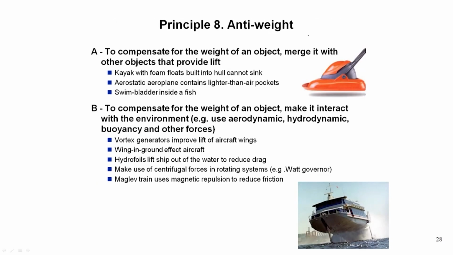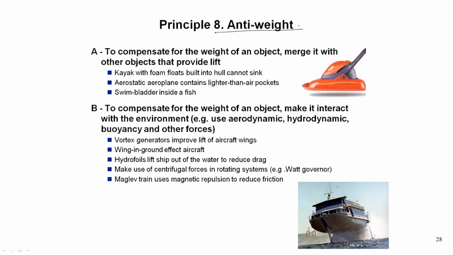Principle 8 talks about anti-weight. To compensate for the weight of an object, merge it with other objects that provide lift. So, a kayak with foam floats, right, or an aerostatic aeroplane. You are basically using a very lightweight thing, and that is the anti-weight. You are using something which compensates.